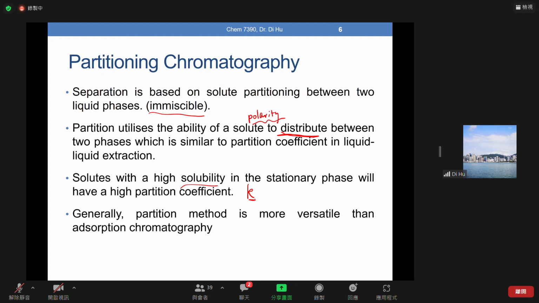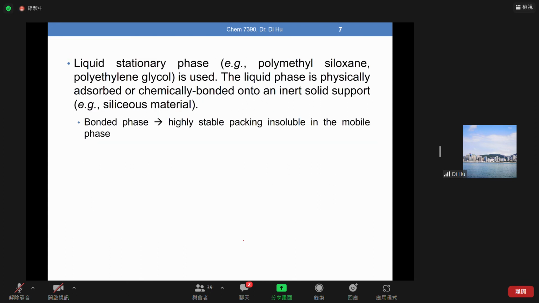If it has high solubility in the mobile phase, that means a smaller K value, right? And the partition method is more versatile than adsorption chromatography, because now the stationary phase is chemically bonded on the silica particle, and using different chemical reactions we can make our stationary phase. So you can just make your own.